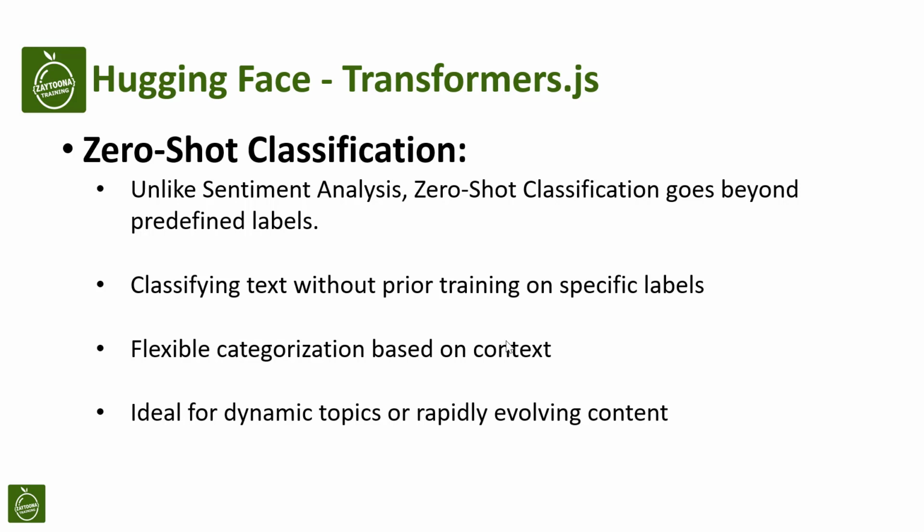This approach allows us to classify text into categories that the model has never seen during its training. It's an adaptive method focusing on understanding context and semantics rather than relying solely on previously encountered labels. It's especially powerful when dealing with rapidly evolving topics or when predefined categories just aren't enough.